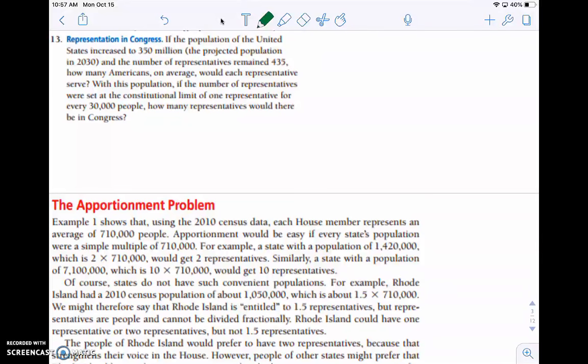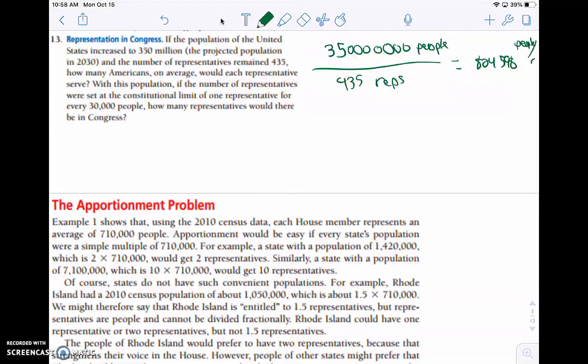We take our 350 million people and divide that by 435 representatives, and this comes out to be about 4,598 people per representative. Sorry, that says people per representative; I couldn't fit it in there.